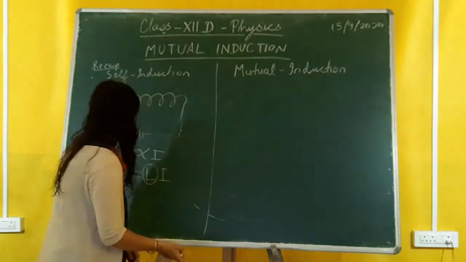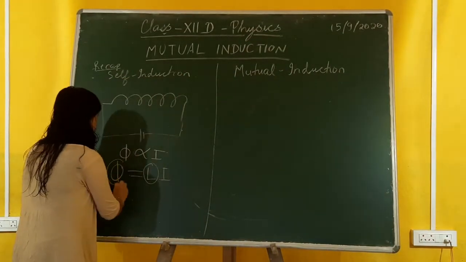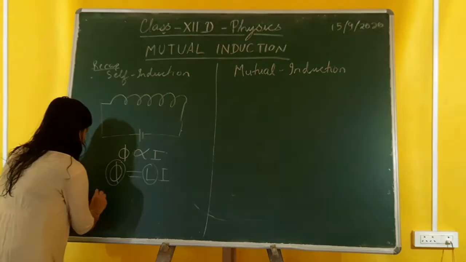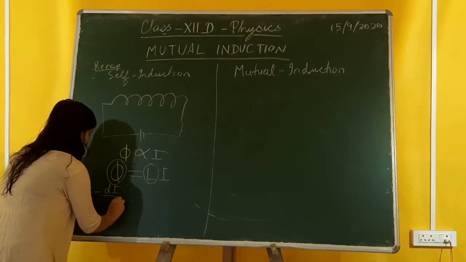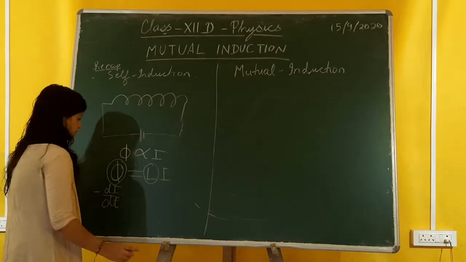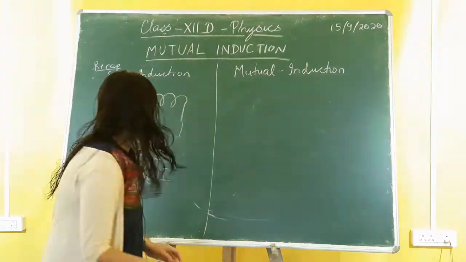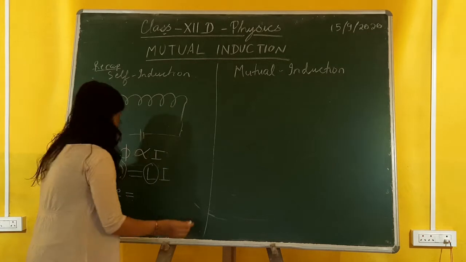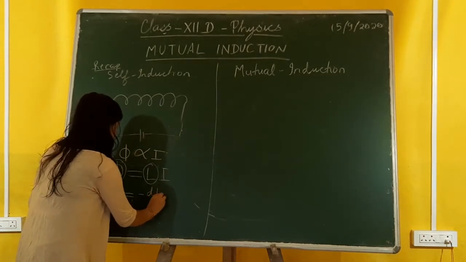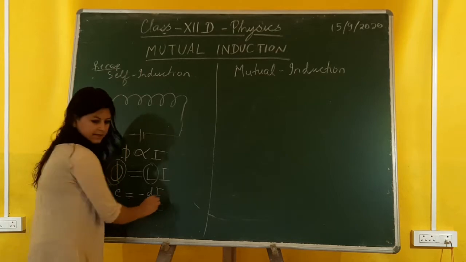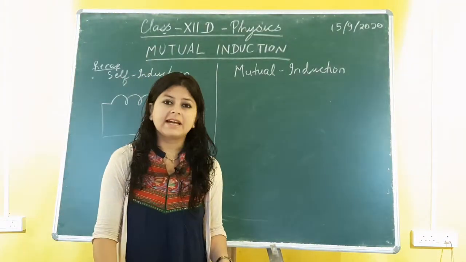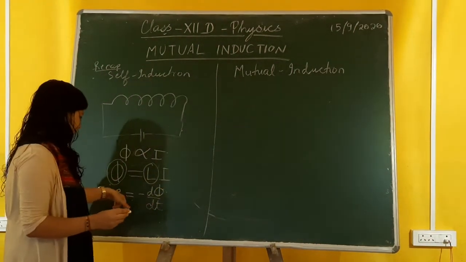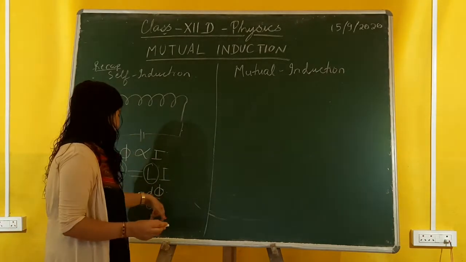And from Faraday's law, we had, sorry. From Faraday's law, we had the induced EMF, okay, induced EMF was equal to minus d phi by dt, that means induced EMF is directly proportional to the rate of change of magnetic flux linked with the coil.